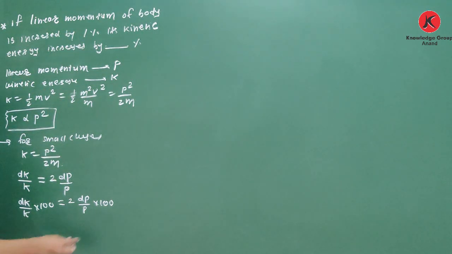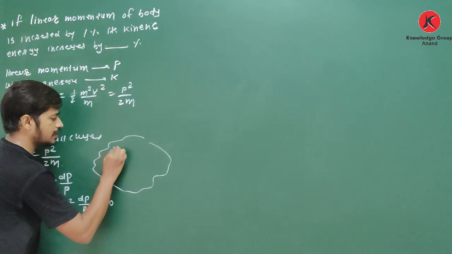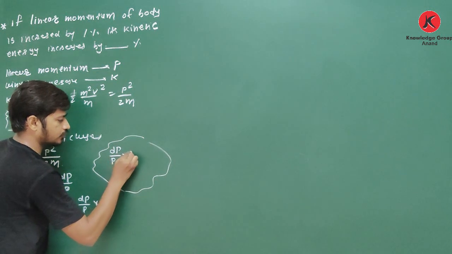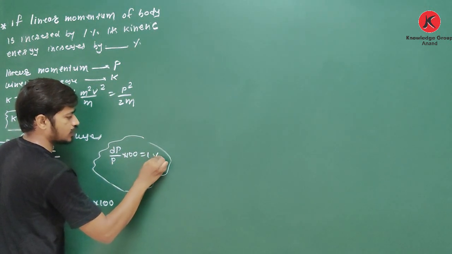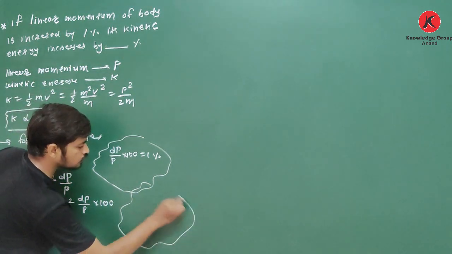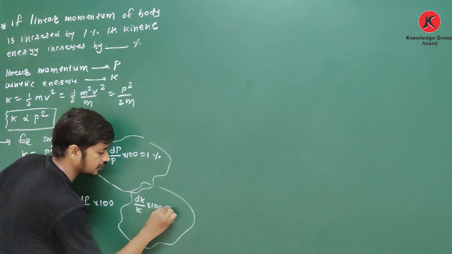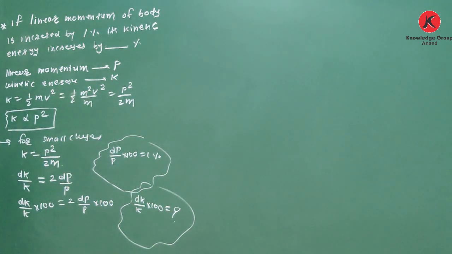So dp upon p into 100 is equal to 1%. And you have to find by how much the kinetic energy increases, which means you have to find dK upon K into 100 is equal to question mark.